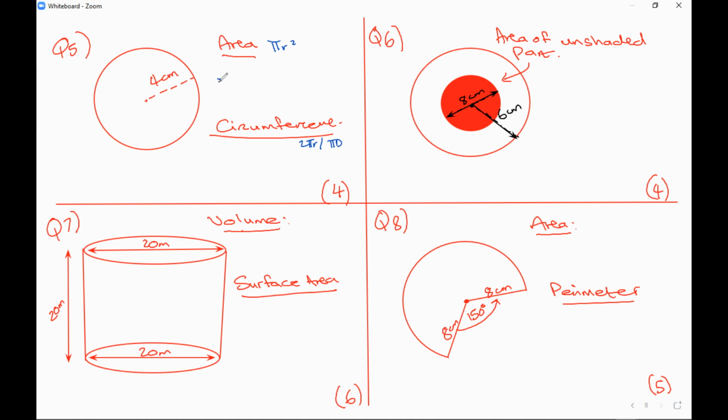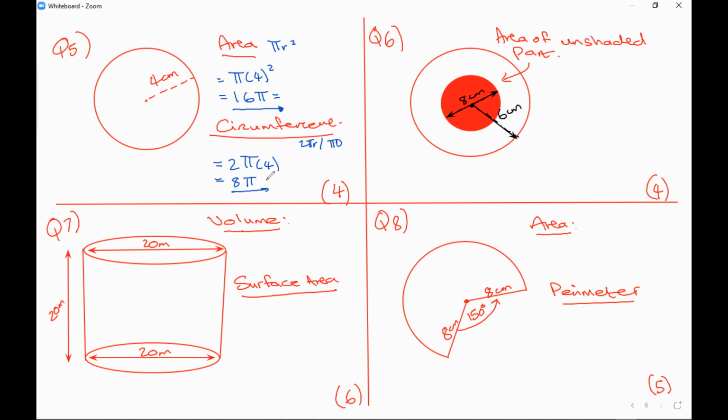So for this area here, it's going to be pi multiplied by 4 squared. And that's going to be 16 pi. For this one, 2 times pi times 4. If I use the first formula, it'll become 8 pi.